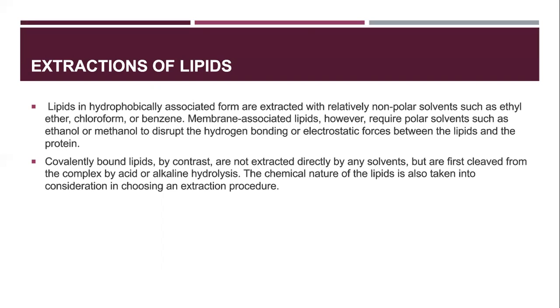Those lipids that are covalently bound are not extracted directly by solvent, but first we have to cleave their bonding by acid or alkaline hydrolysis. The chemical nature of lipids is also taken into consideration in choosing an extraction procedure.